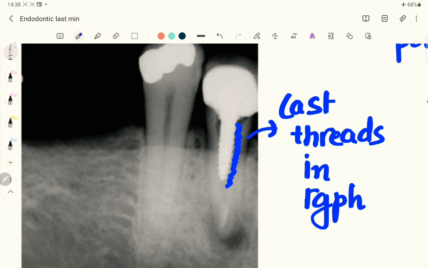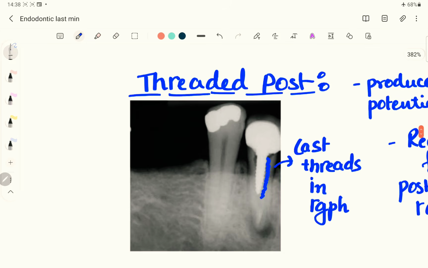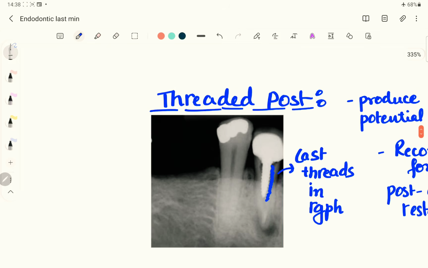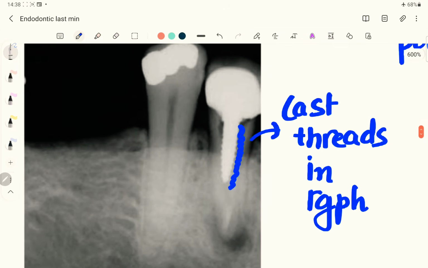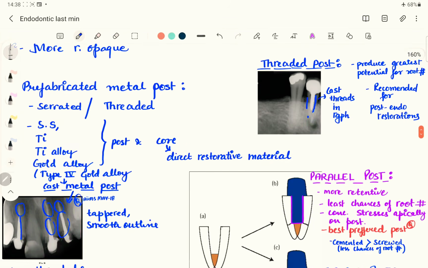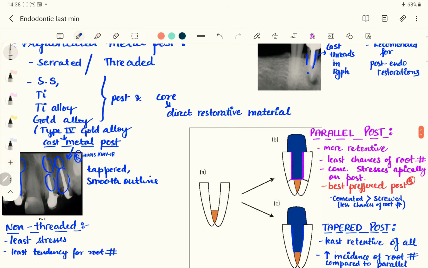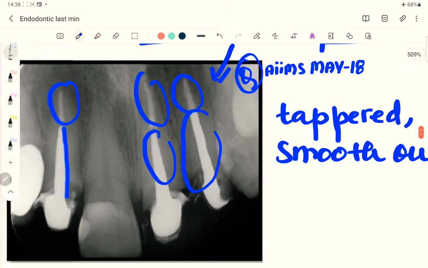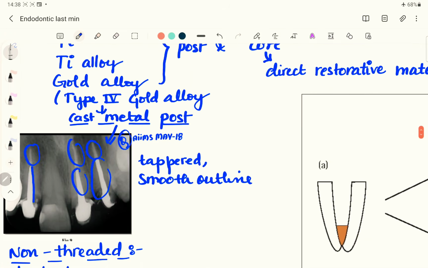So these are threaded metallic posts, since you can appreciate more radio opacity in these posts. So that is how in a radiograph you can tell which kind of post this is. So it is a tapered, smooth, cast metal post.